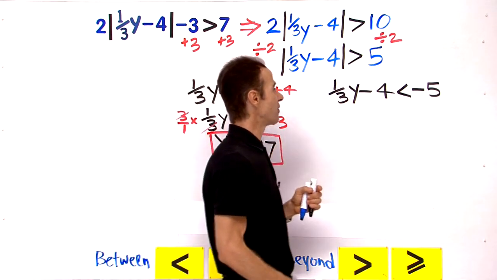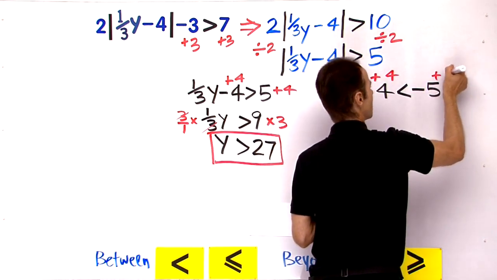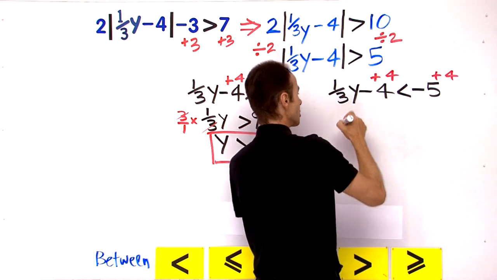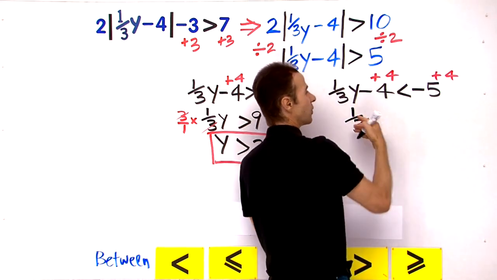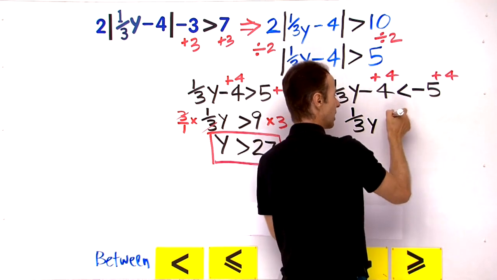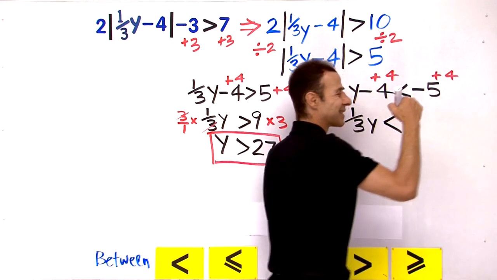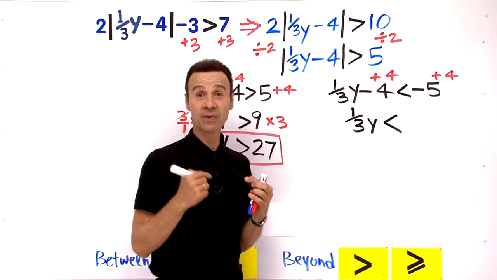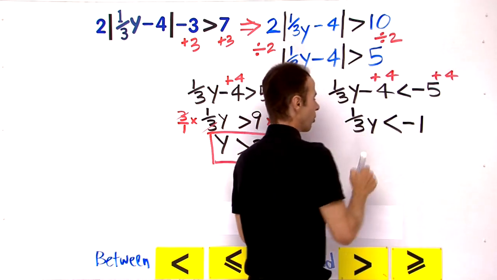Let's go on this side and solve this. We've got the minus 4. Let's add 4 again to both sides. So 1/3 y. Plus 4, minus 4 is 0. That disappears. So bring down the less than symbol. Negative 5 plus 4 will be negative 1. So negative 1 right there. So we're going to get the y by itself again.